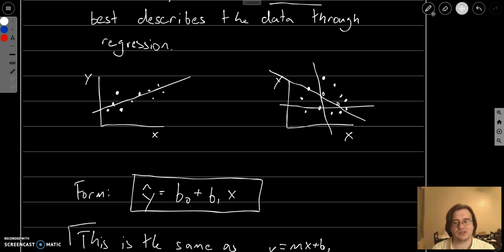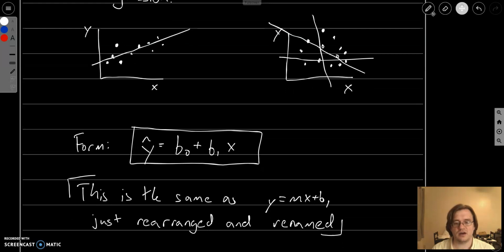This equation should look a lot like y equals mx plus b, which you'll probably have seen before when describing a line. M is the slope, and b is the y-intercept. All we've done is rearrange it. We put the term with an x last, the constant term first, and we've renamed some things. So we have b0 and b1.